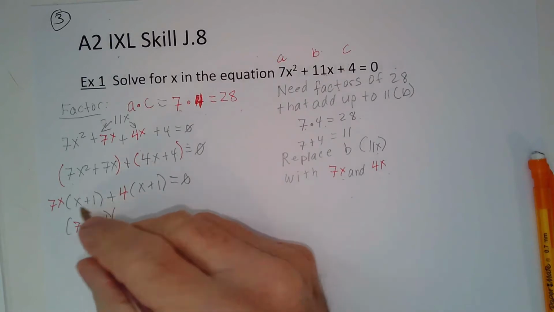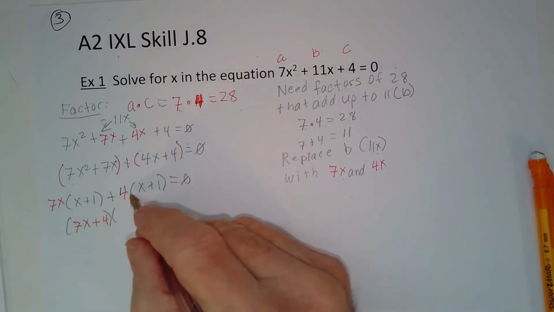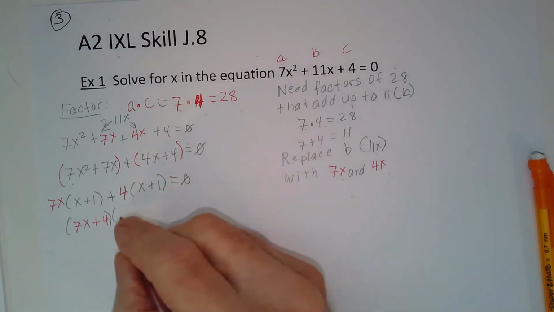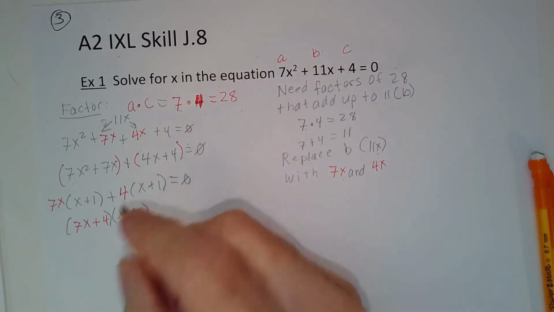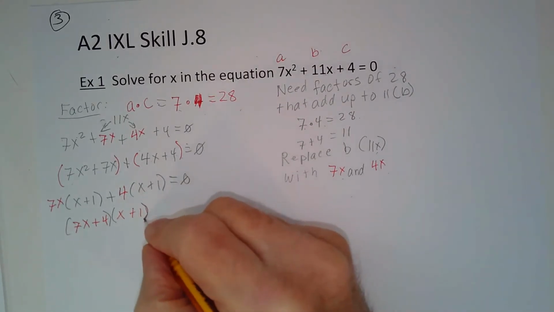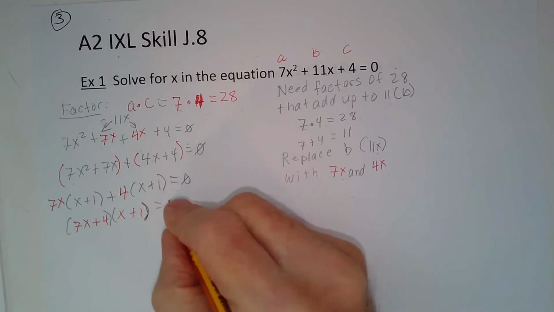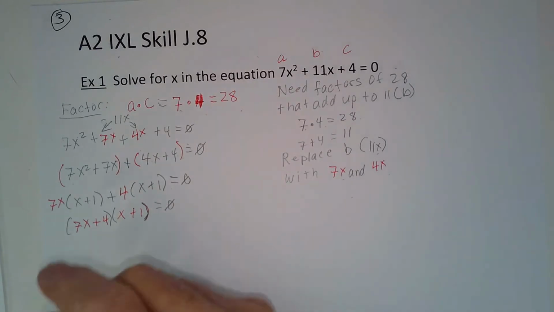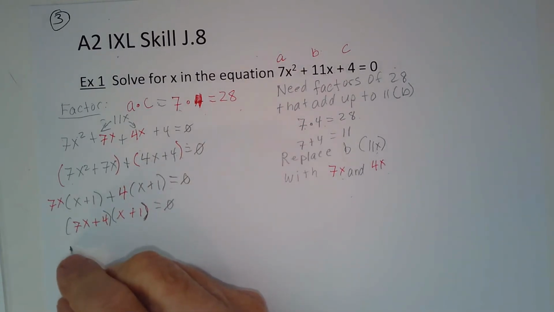And because it's repeated in each of those and multiplied times 7 and 4, we can do 7x plus 4 times x plus 1 equals 0. So now that we've done that, we're going to use the zero property rule to find what x is when y equals 0.